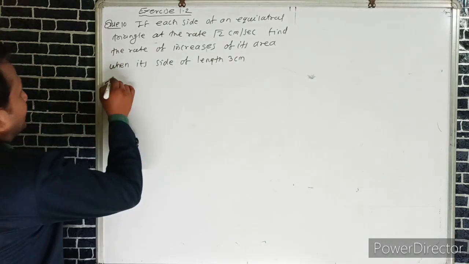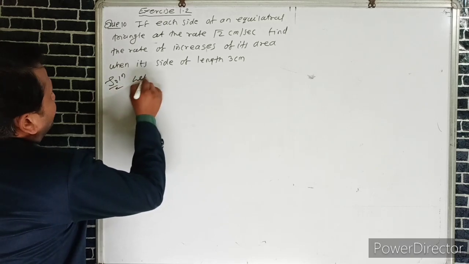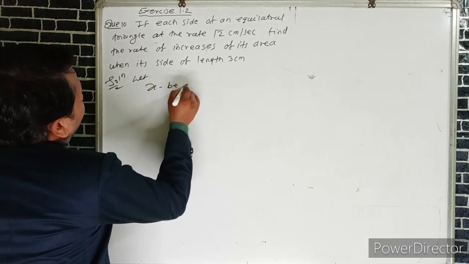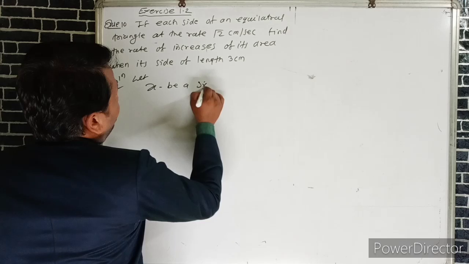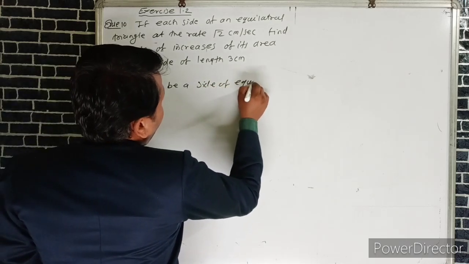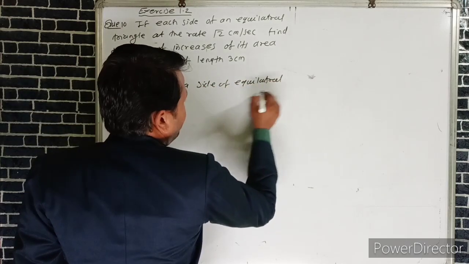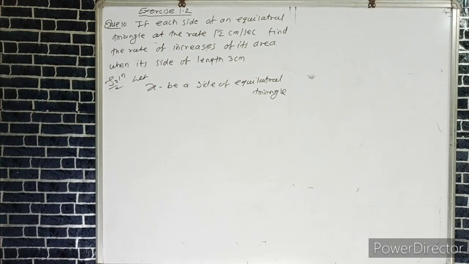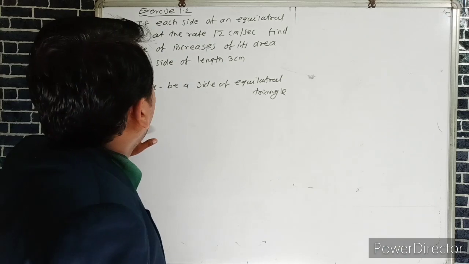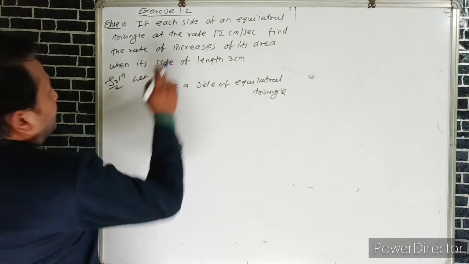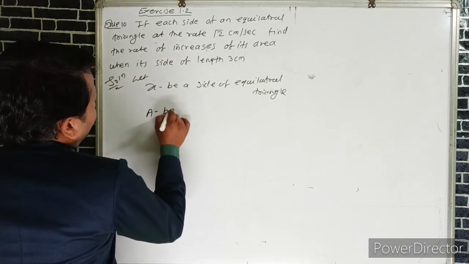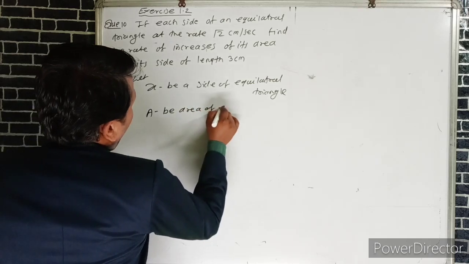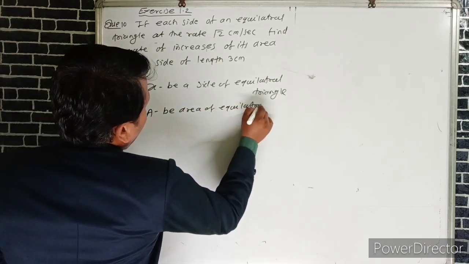So first we consider that let x be a side of the equilateral triangle. We know that all sides of an equilateral triangle are equal. After that, we consider A to be the area of the equilateral triangle.